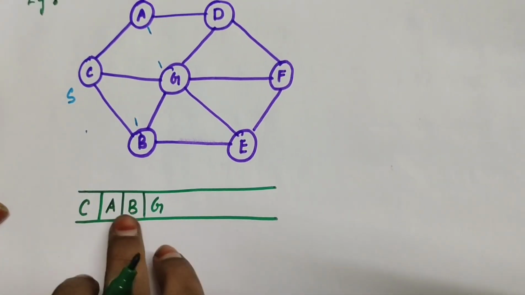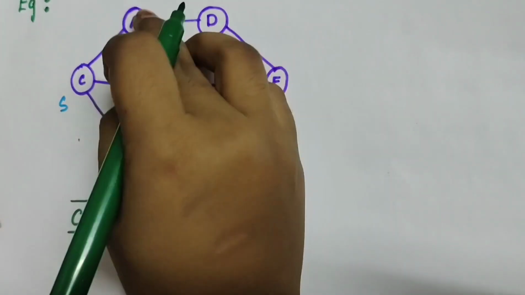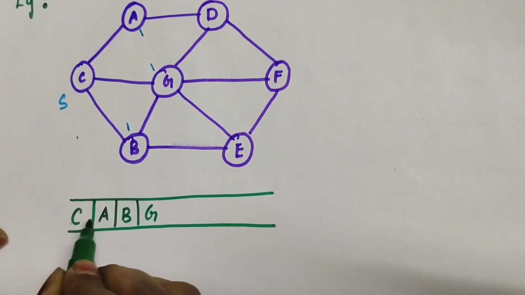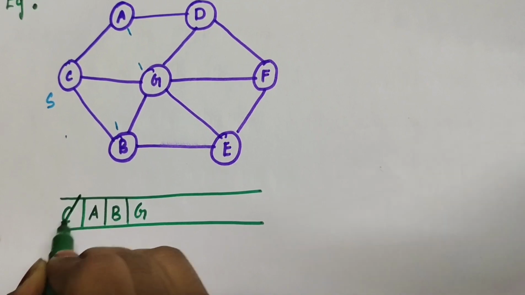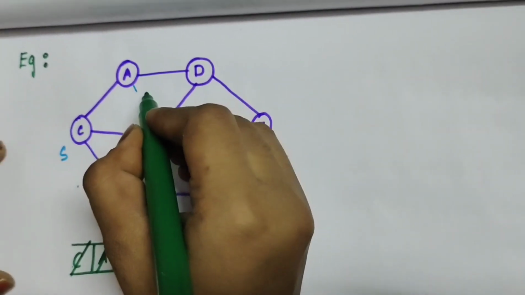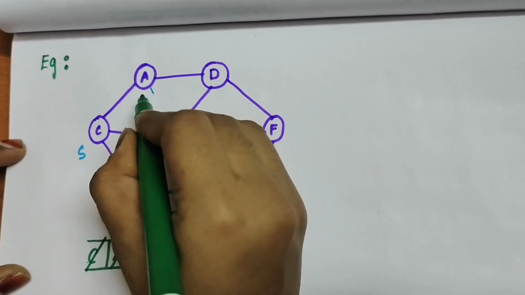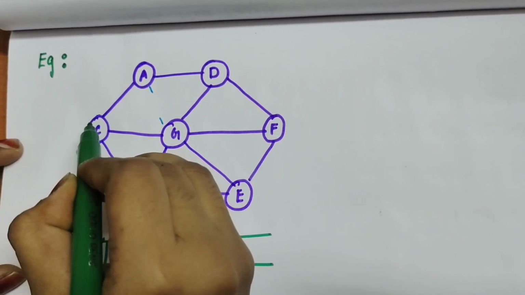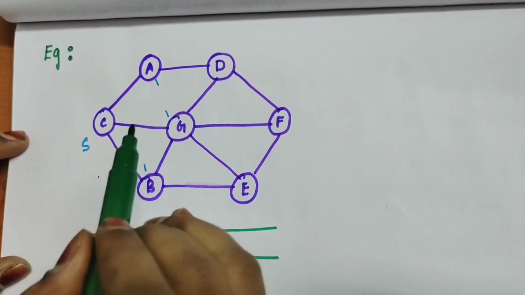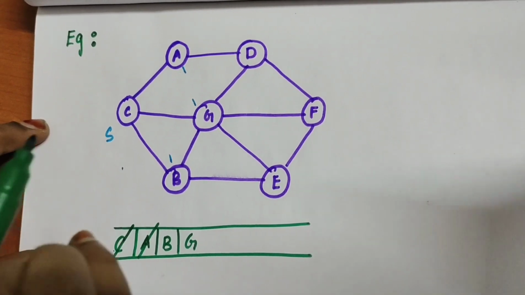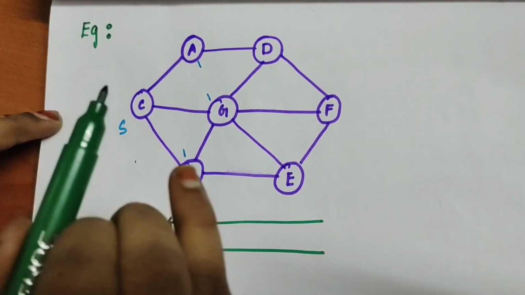Once we have written the adjacent vertices, we next move to the first adjacent vertex of C, that is A. Once we move to A, we again see the adjacent vertices of A. The adjacent vertices of A are D and C. But already visited or traversed nodes should not be included.